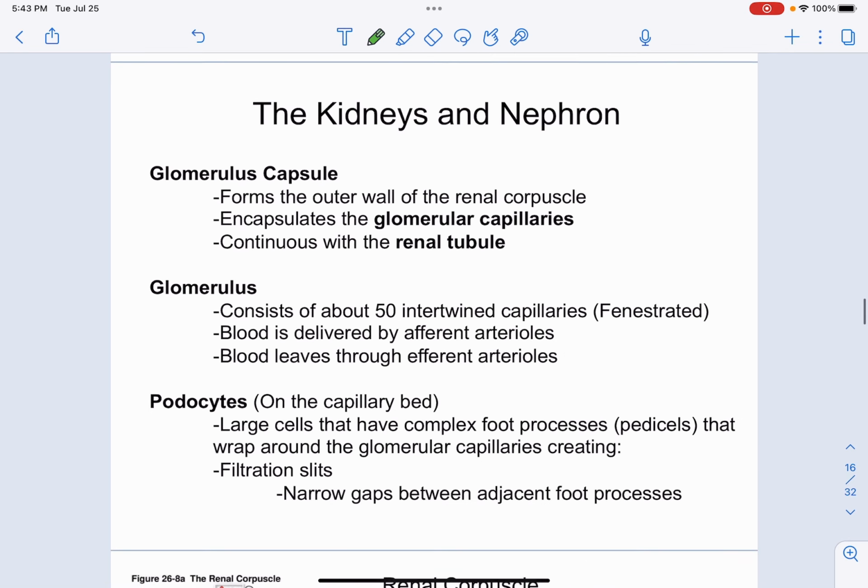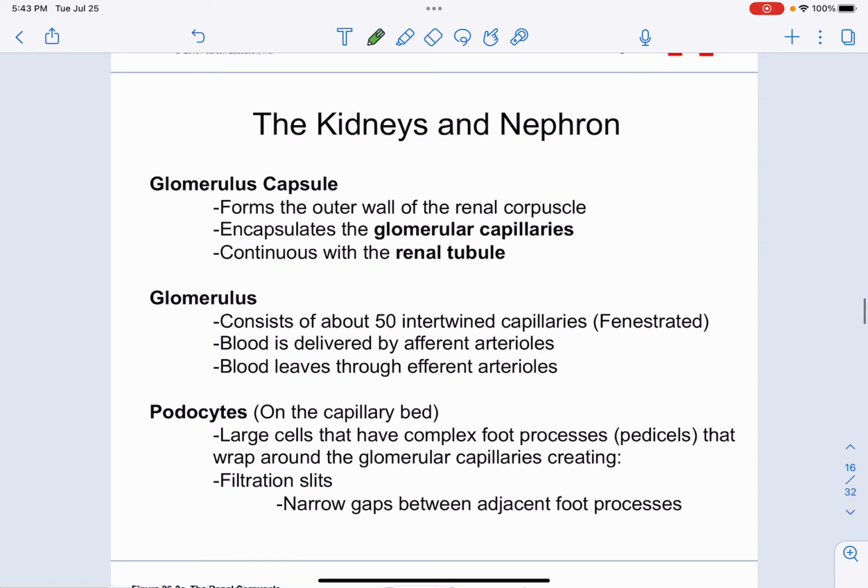Again, it contains a capsule on the outside. This is going to form the outer wall of the corpuscle. We have a lot of really good models of the kidney in the lab that I really want you to work with to begin to understand these anatomical terms. The capsule is this outer wall.